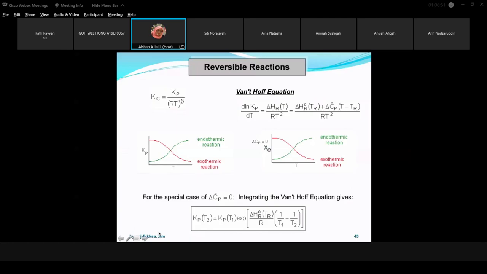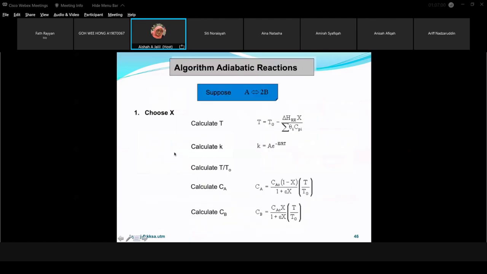The difference is the K. You can get the capital K from the reversible. So for the reversible, choose X, and you can calculate T from this equation, the general equation from chapter 8 to get the T. Then you can calculate the small k, and then calculate T over T naught.